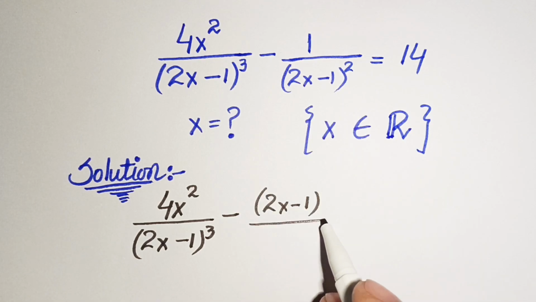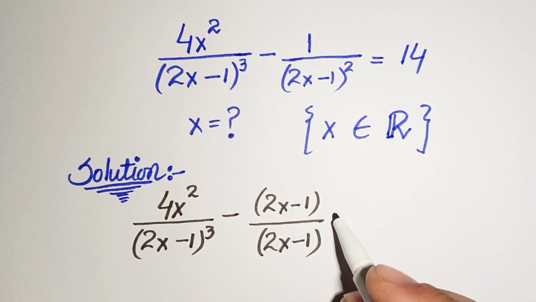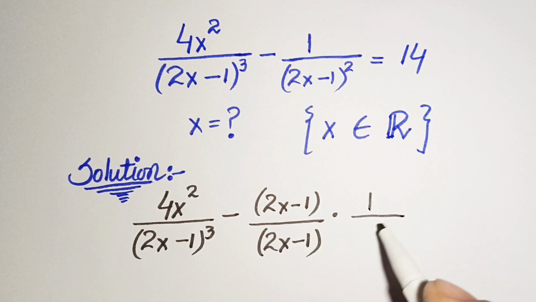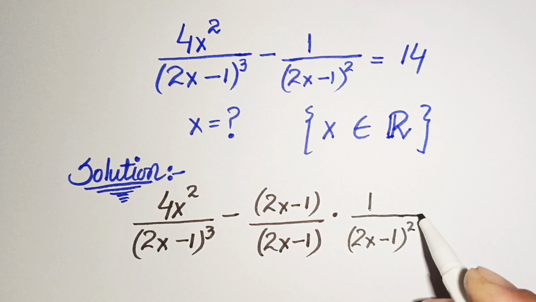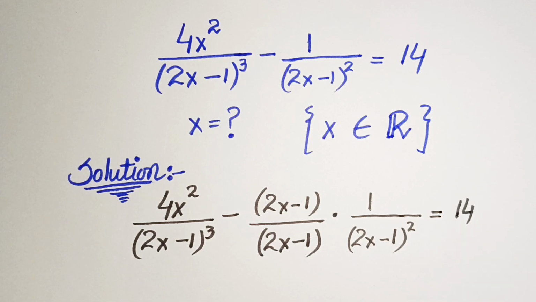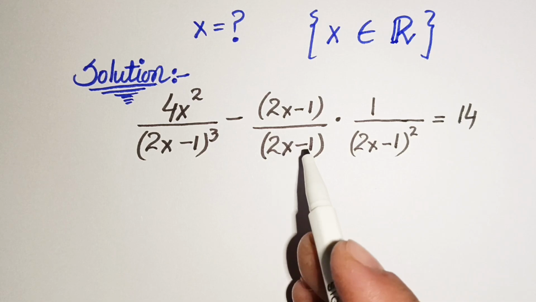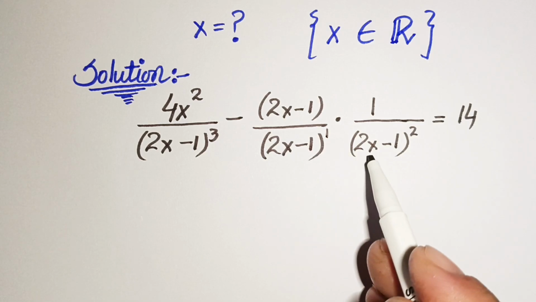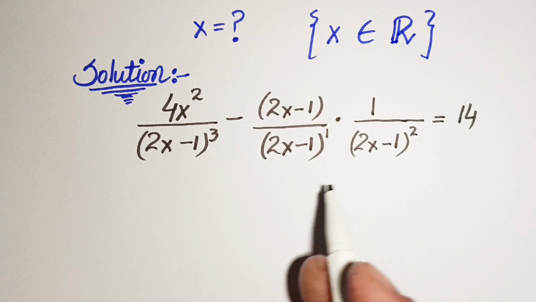There is no difference, since we just cancel these two out, so we multiply with 1 over (2x minus 1) whole squared, equal to 14. By multiplying this, we get 2x minus 1 to the power 1, and with 2x minus 1 whole squared, it will be cubed when we multiply each other.